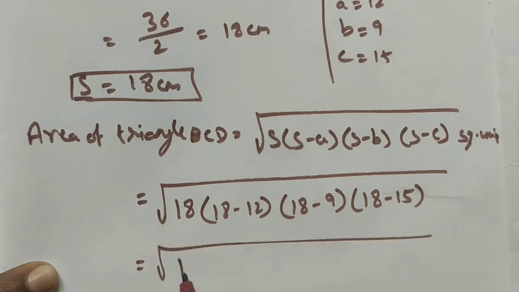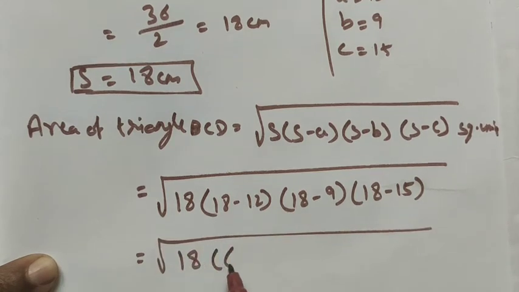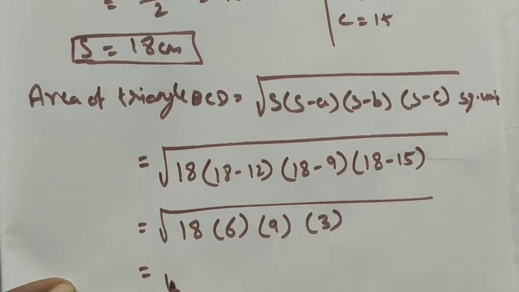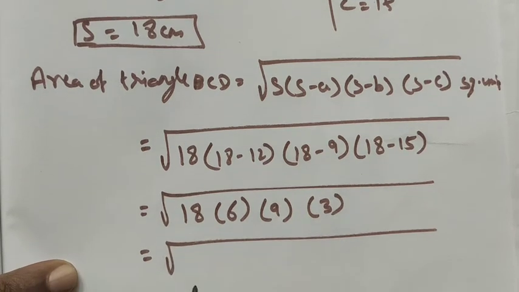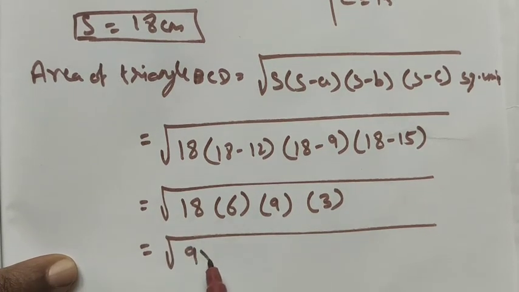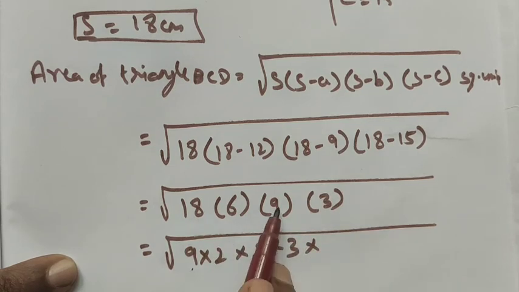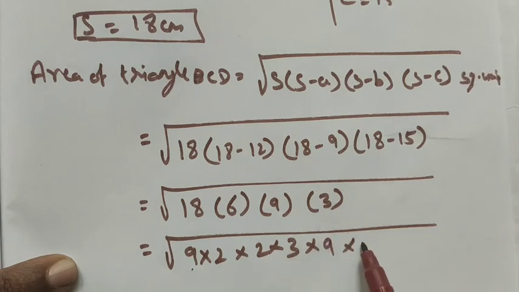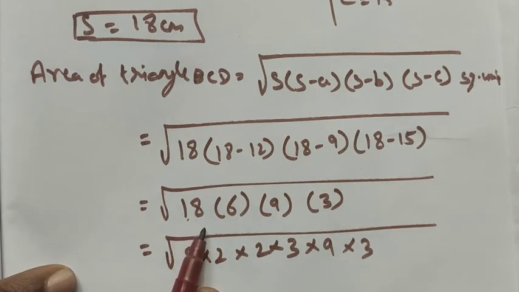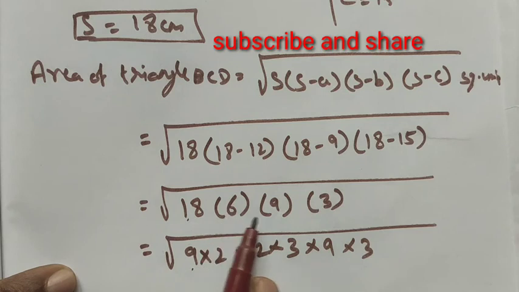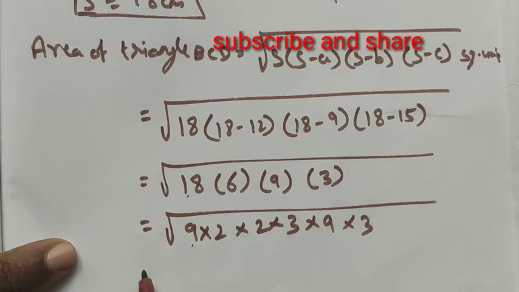Simplify this, we get 6, 9, and 18 minus 15 is 3. Now this can be written in expanded form. 9 2s are 18, 2 3s are 6. Here we already have 9 and 3, so we keep them as they are.